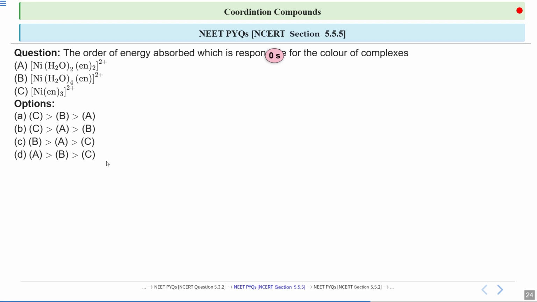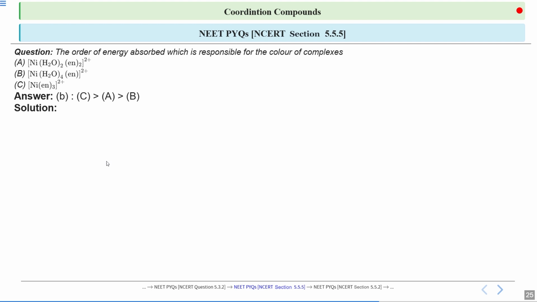Let's see. So for this question, the correct answer is option B, that C complex is having the highest energy absorbed, then the A and the B complex.